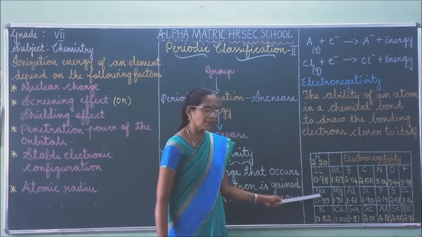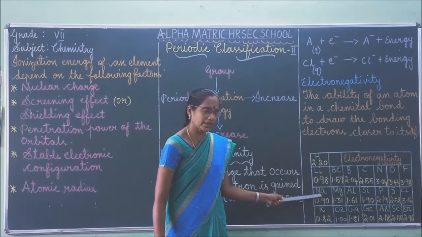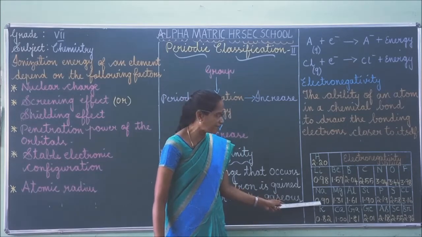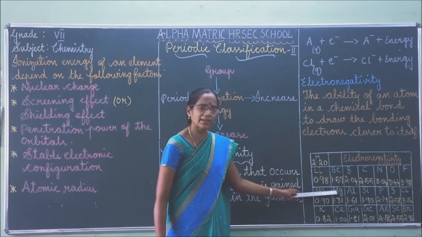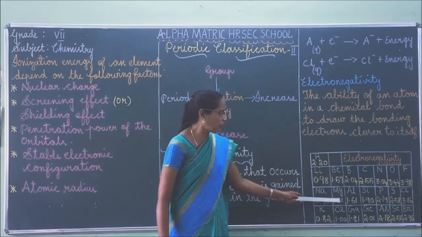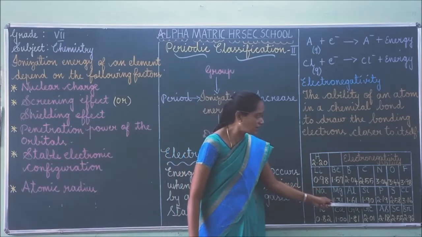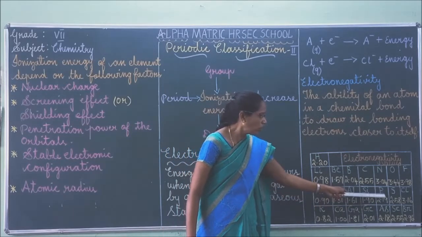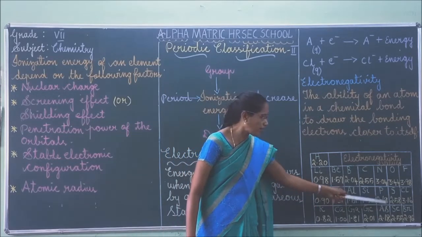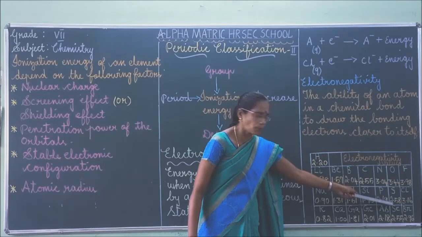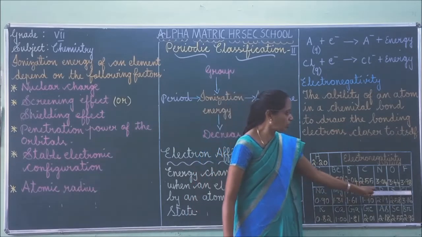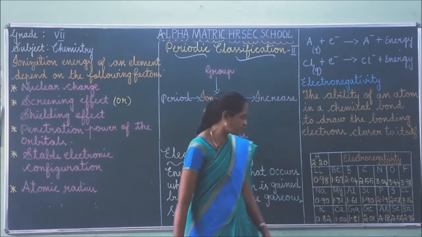Here, sodium atom is given. Its electronegativity value is 0.90. For magnesium atom, it is 1.31. For aluminium, 1.61. Silicon, 1.90. Phosphorus, 2.19. Sulfur, 2.58. And for chlorine, 3.16.